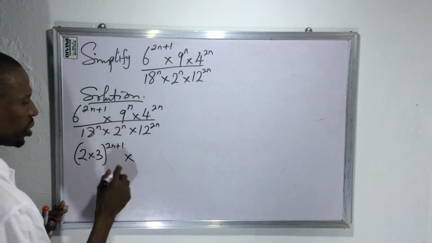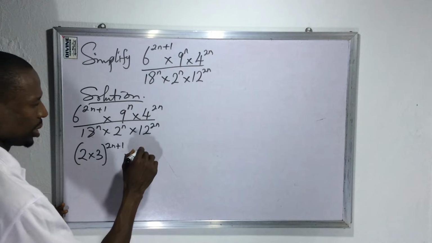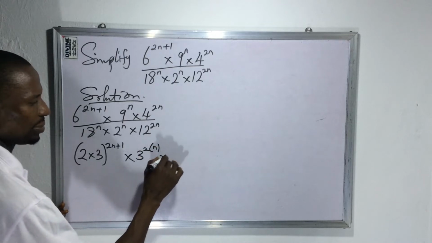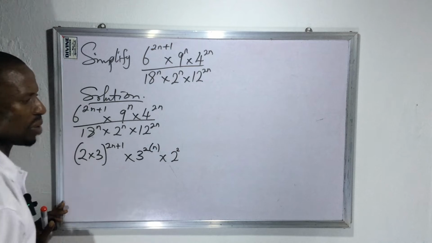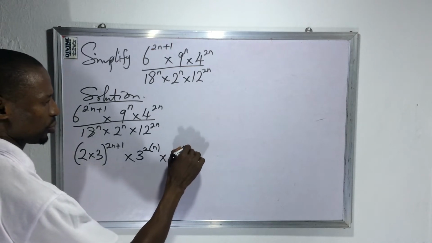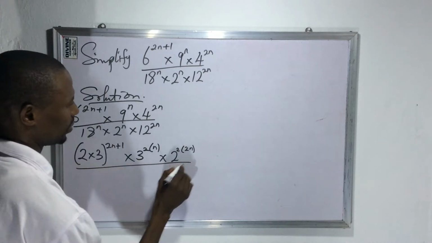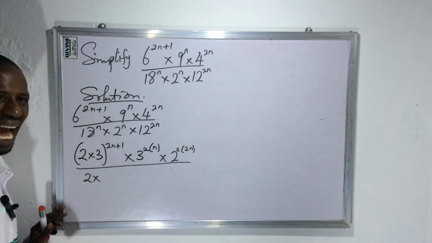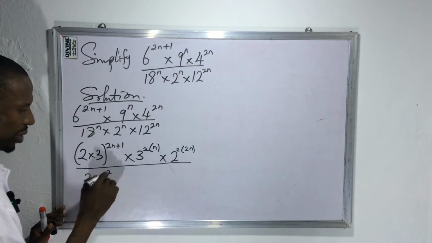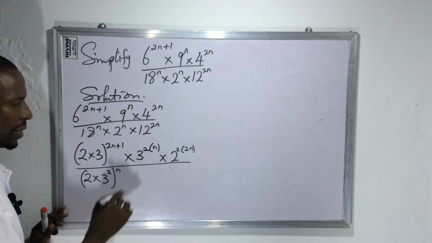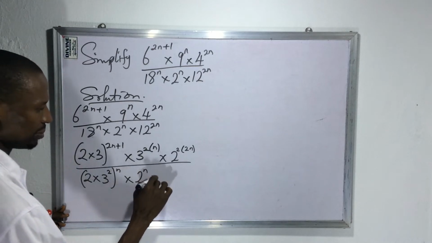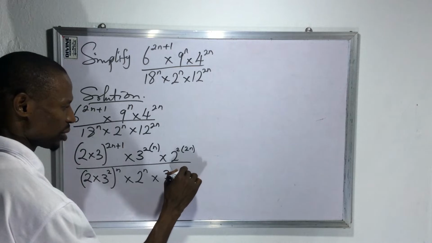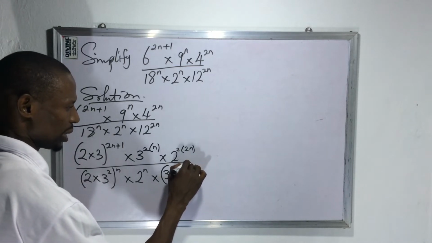9 could equally be written as (3 raised to power 2) all raised to power n, times, and 4 can equally be written as (2 raised to power 2) all raised to 2n, all over 18, which could be written as 2 times (3 raised to power 2) all raised to power n, then times 2 to n, then times 12, which could equally be written as (3 times 2 raised to power 2) all raised to power 2n.